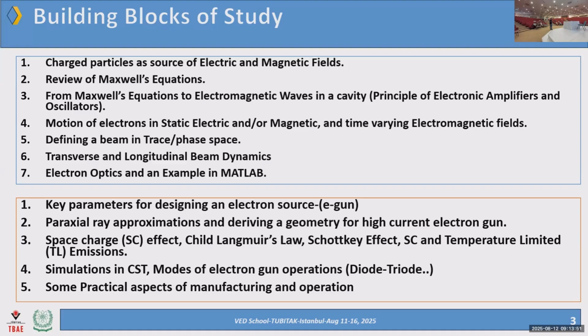That thermionic emission can be very easily understood using Child-Langmuir's law. And we will try to have some flavor of CST particle-in-cell simulations, so that we can understand how they actually operate. And at the end, I would like to share some of our practical aspects that we faced during the fabrication. And of course, I have some other examples as well.